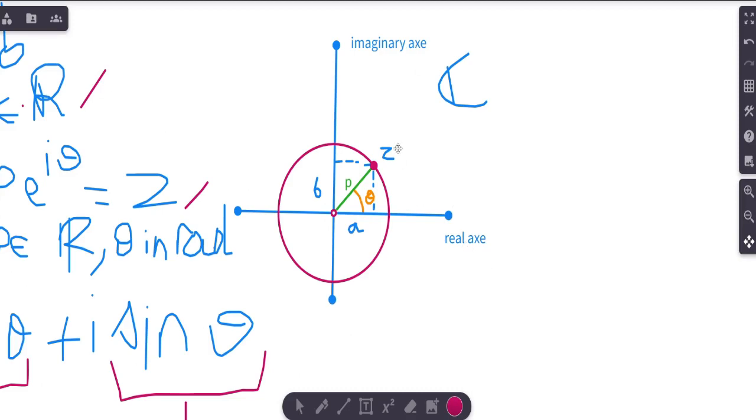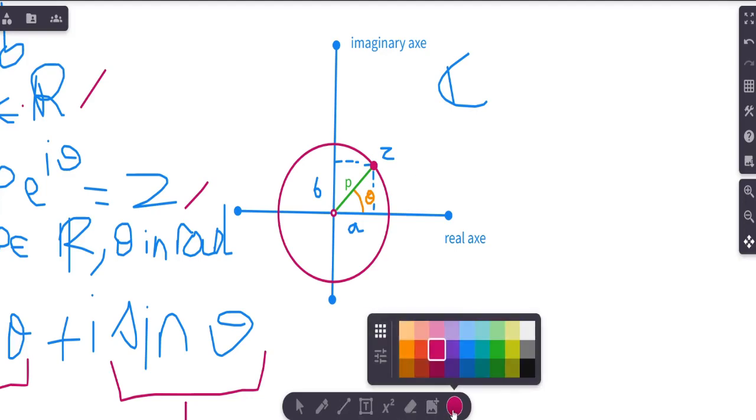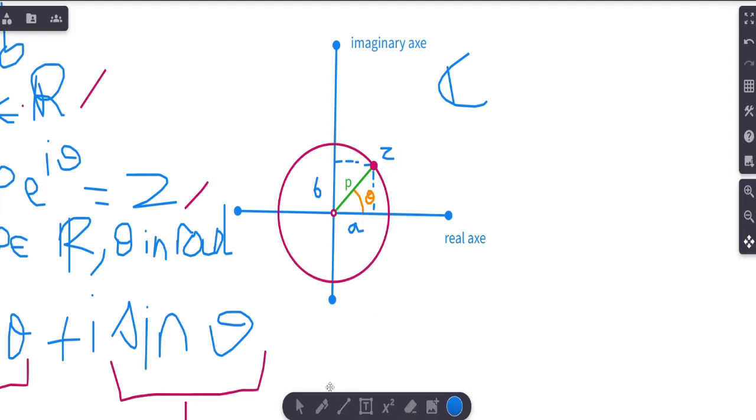So if we take a number in the complex plane, let's say z, z equals a plus i times b, like we said earlier.